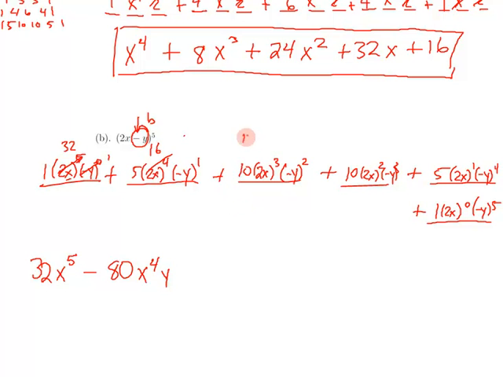Next, here I have a 10, 2 to the third is 8, so 10 times 8 is 80, and a negative squared is positive, so I have plus 80. I have the x cubed and a y squared. Okay, the next one I'm going to have a 10, and I'm going to have 2 squared, which is 4. I'm going to have a negative 1, so that gives me a minus 40. I got the x squared and the y cubed.